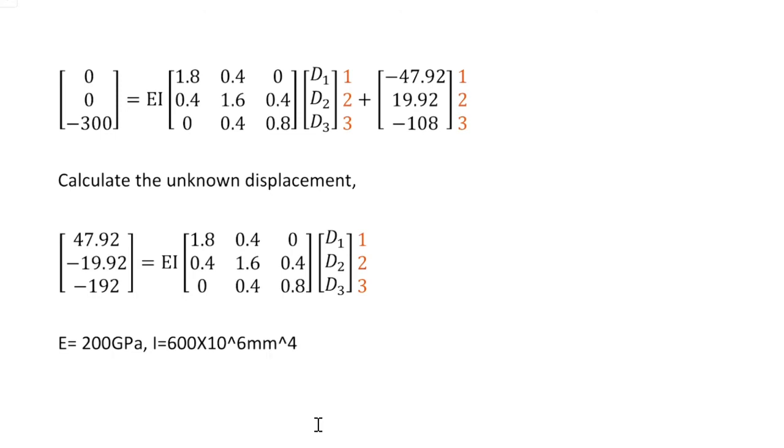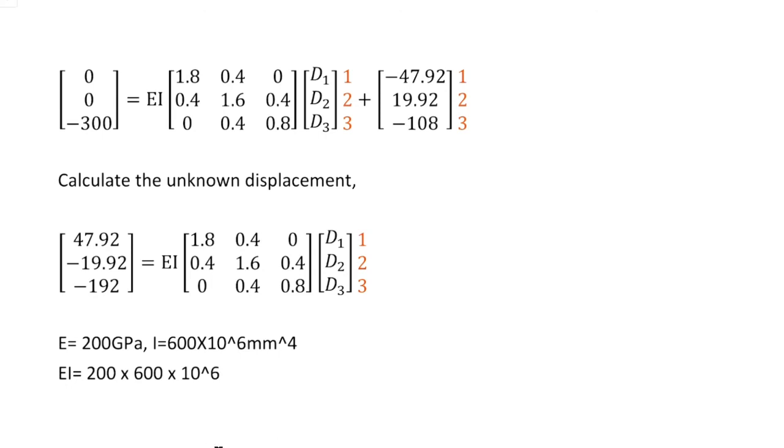So EI is equal to 200 times 600 times 10 power of 6. 200 GPa is 200 times 10 power of 6 kilonewton per meter square.